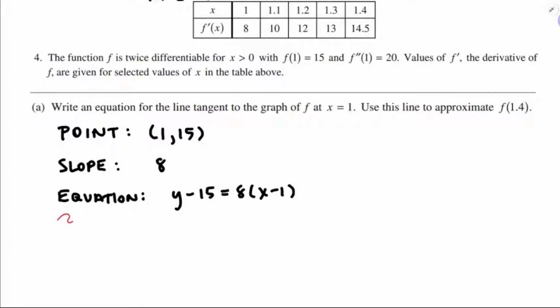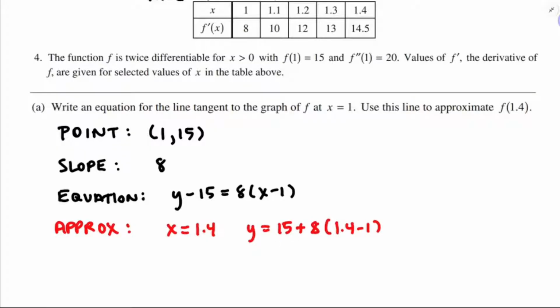Then we're going to use that line to approximate f of 1.4. Okay, so if I want to do an approximation, really I'm just looking for the value of y when x equals 1.4. Y is going to equal 15 plus 8 times 1.4 minus 1, and that's going to be good. We could simplify that if we wanted to.